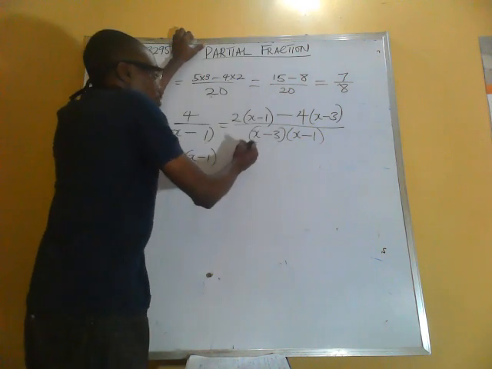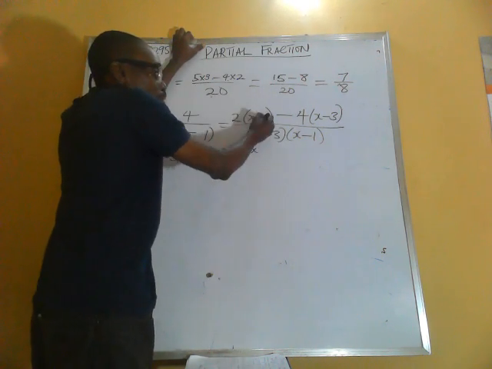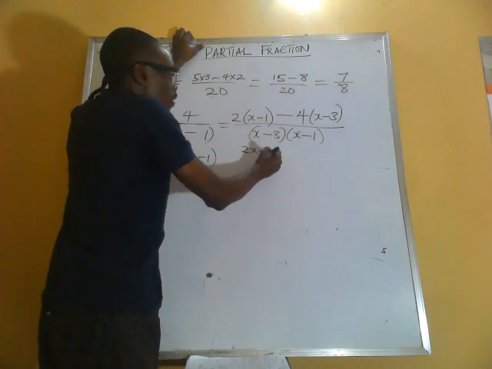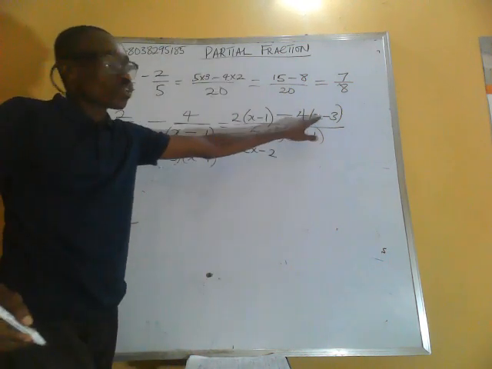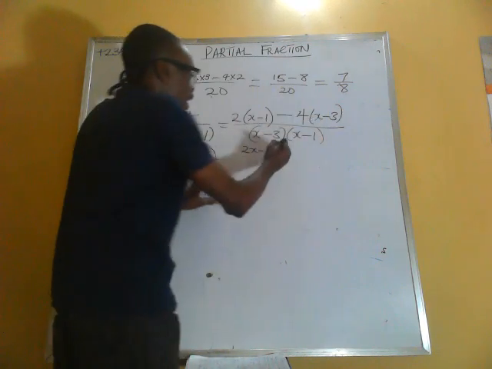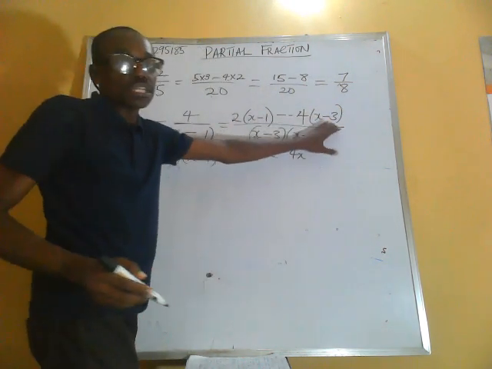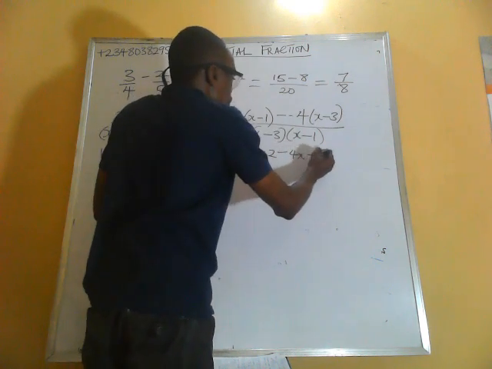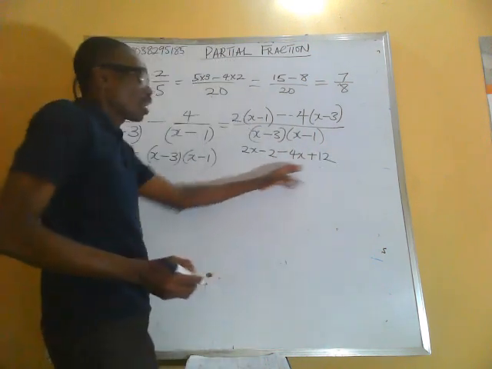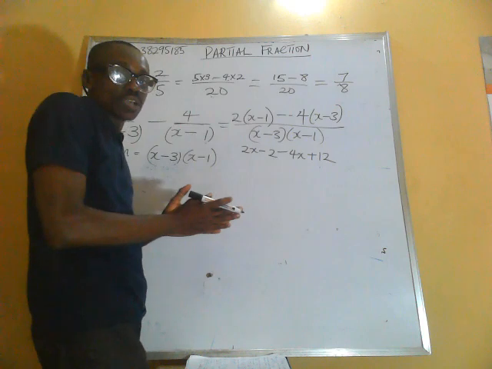2 times x, you have 2x. 2 times minus 1 gives you minus 2. Minus 4 times x gives you minus 4x. Minus 4 times minus 3 gives you plus 12. Now we collect like terms together.